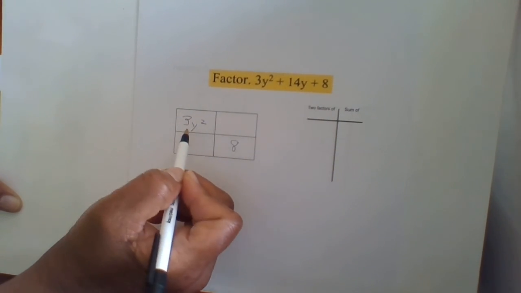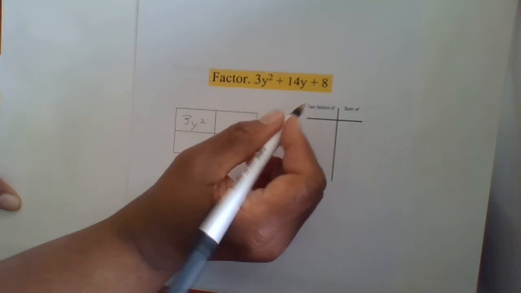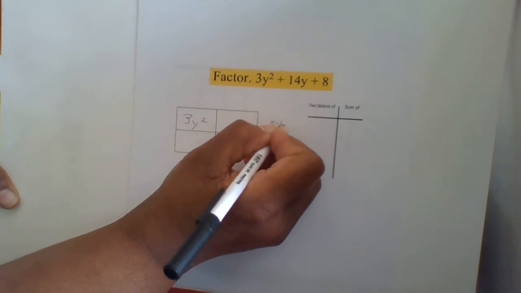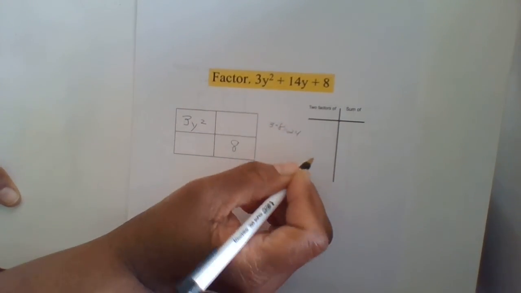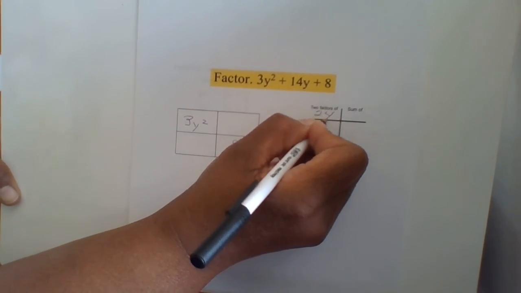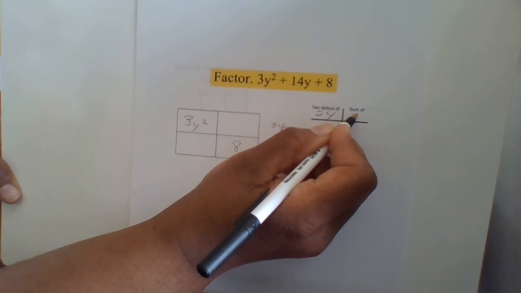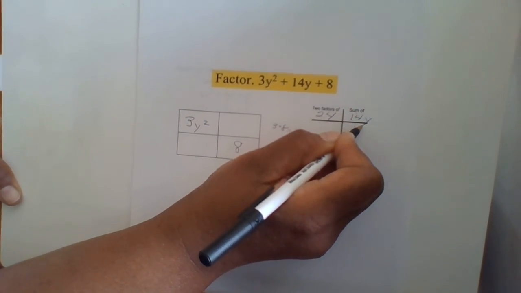So now I'm going to multiply 3 times 8. 3 times 8 is 24. So I need 2 factors of 24 that will give me a sum of 14y.